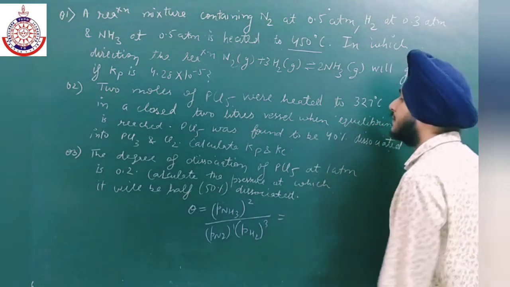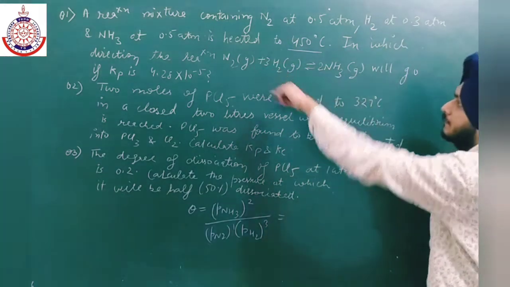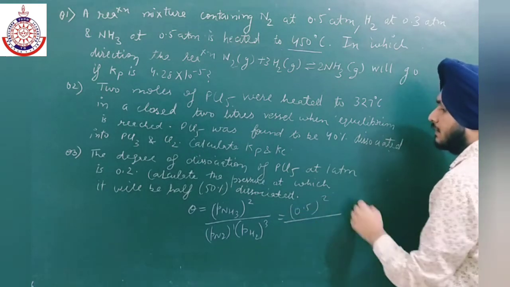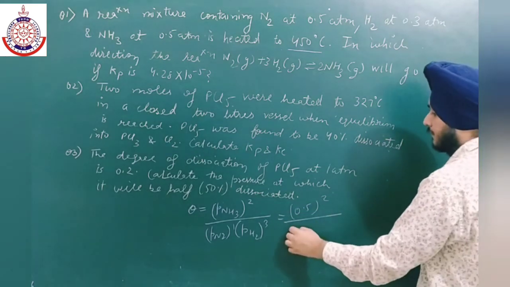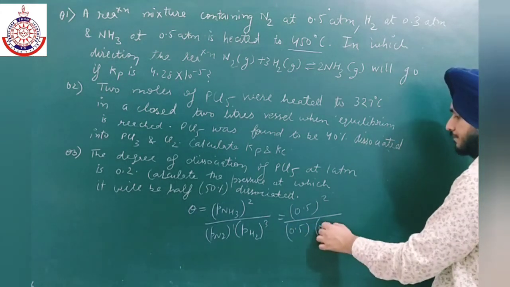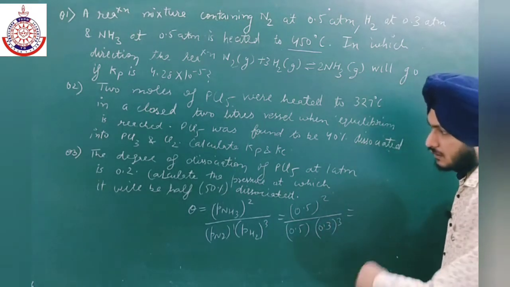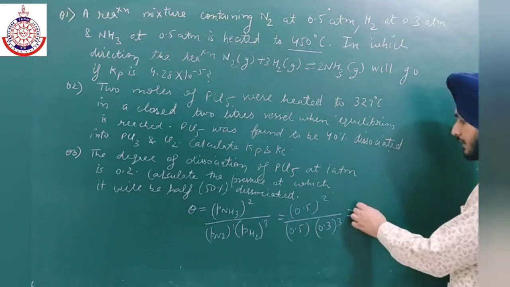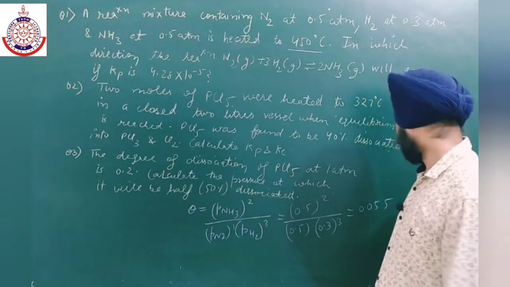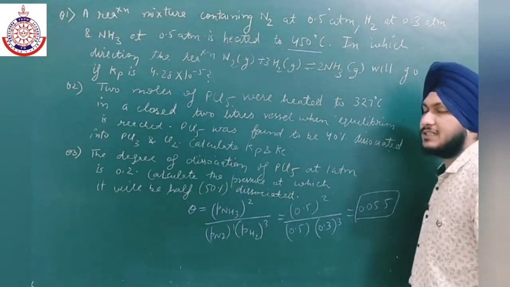So it will be 0.5 squared divided by 0.5, and 0.3 cubed. After solving the calculation, we get the answer 0.055. This is the Q value, the reaction quotient.